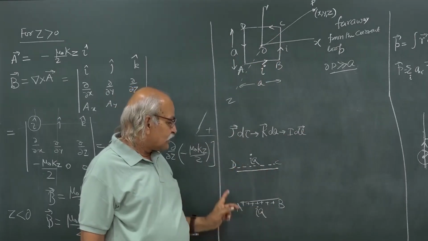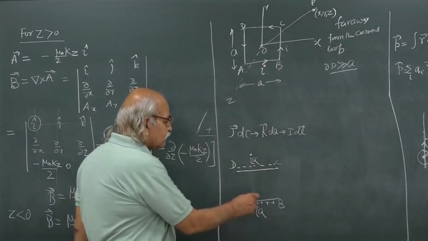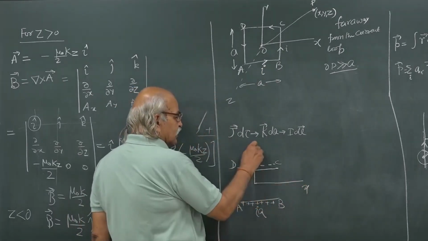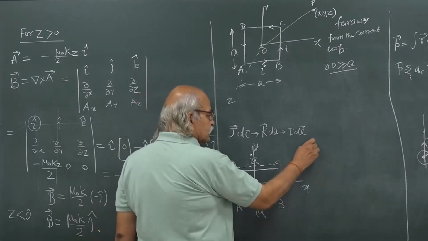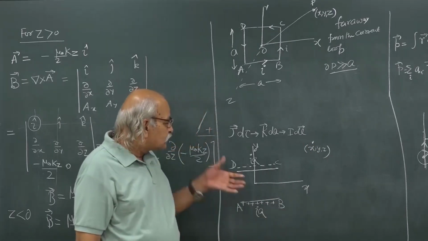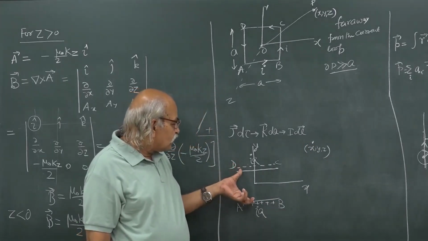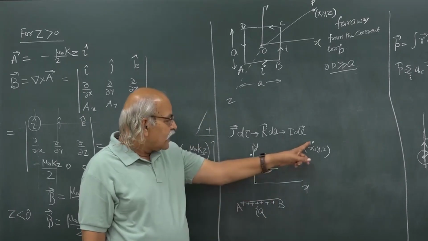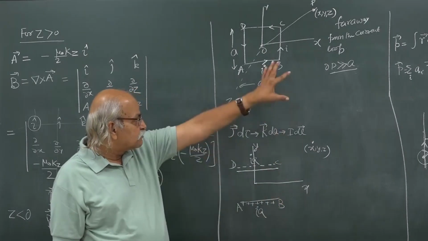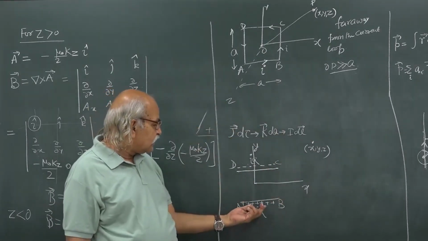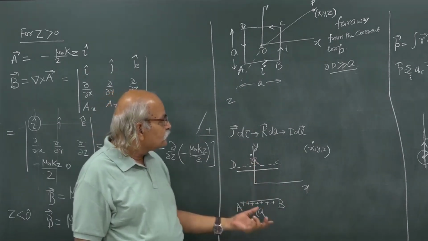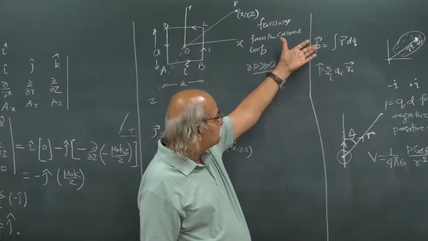So, we have this situation. This is our origin, this is x axis, this is y axis, and then there is a point xyz, and we would like to write the electric potential because of this charge on AB and CD at this point xyz. For that we made this preparation: this charge IA here and minus IA here makes a dipole.